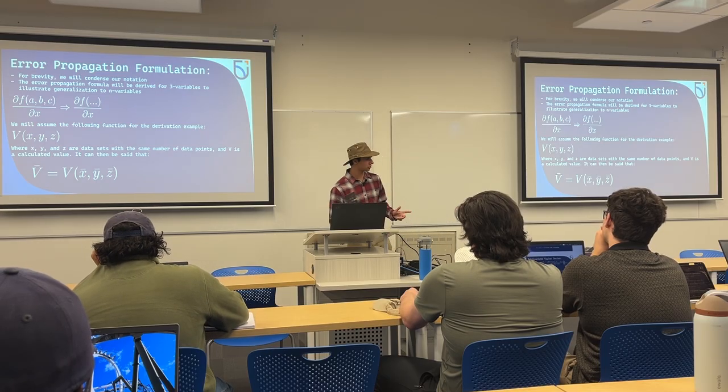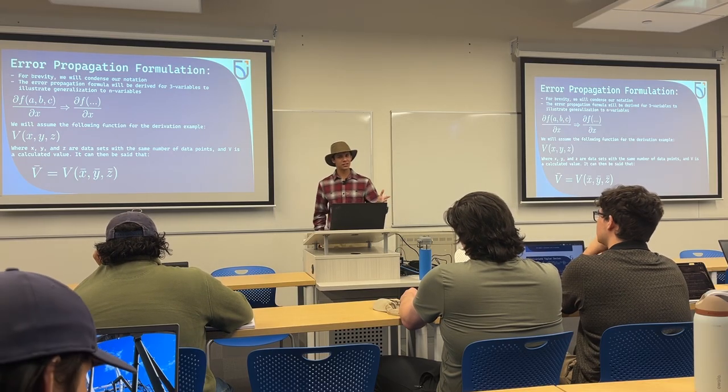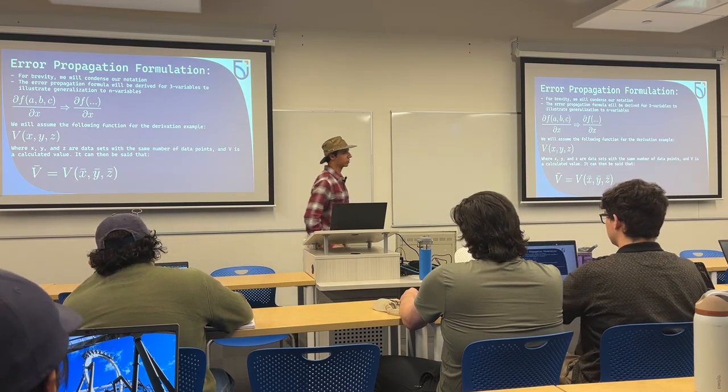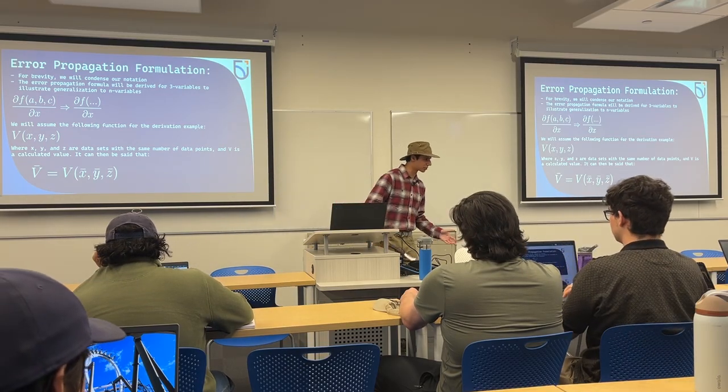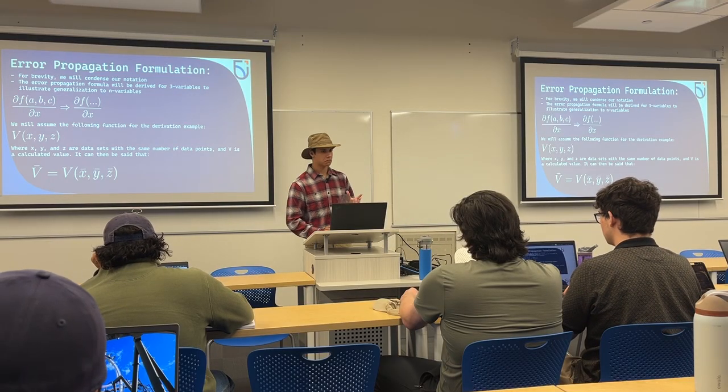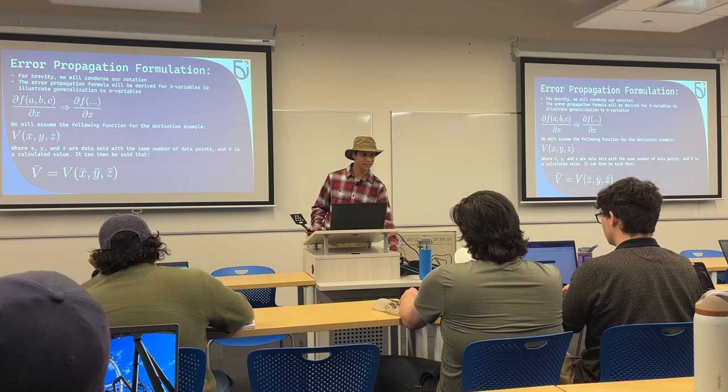That kind of makes sense, right? Average resistance is 5 ohms, and average current is 1 amp. What's the average voltage? You just multiply your averages together. So that's what we're doing here. I don't think anyone has any issues with this, right?